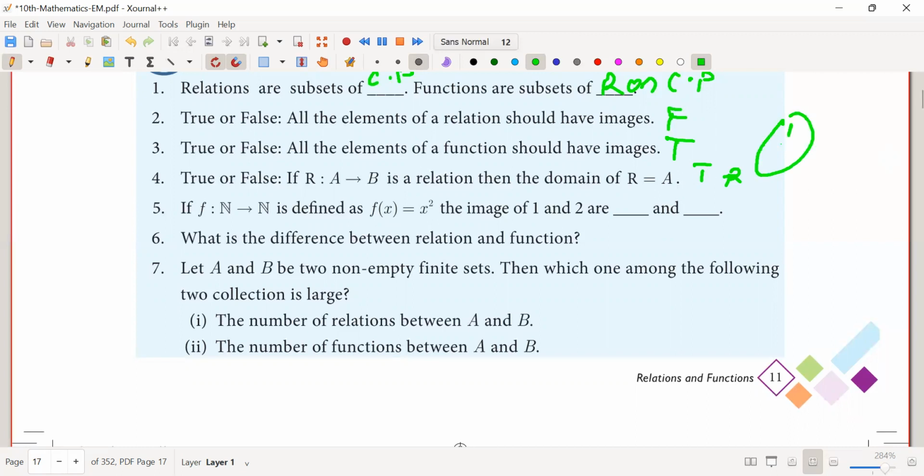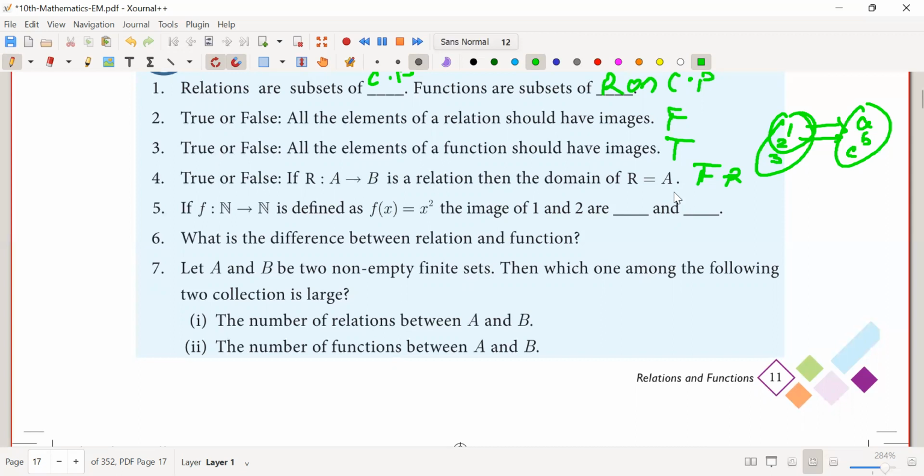If it's 1, 2, 3 in relation A, B, C, this is only the domain, isn't it? So you have to imagine. That's why we draw a lot of things. Actually, it is false. There may be some relations which have all the elements, but it doesn't mean that they have to.